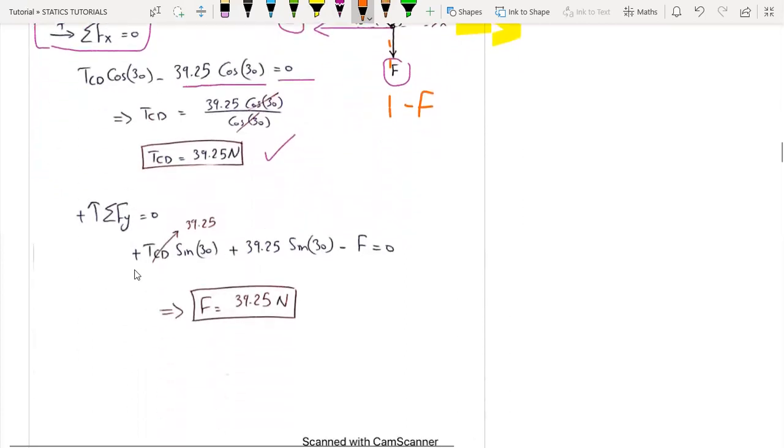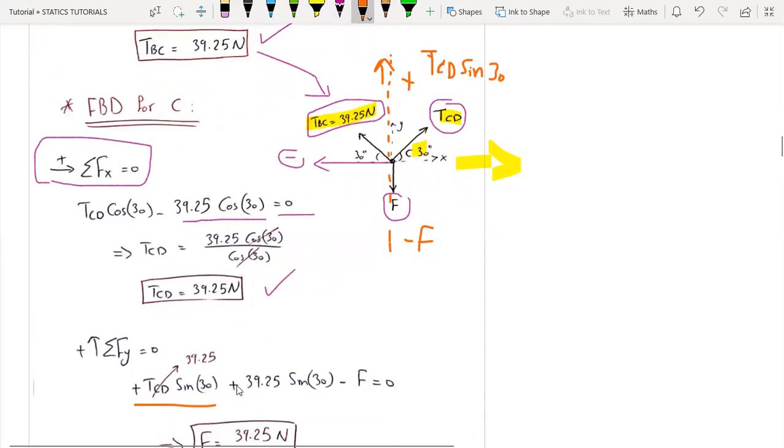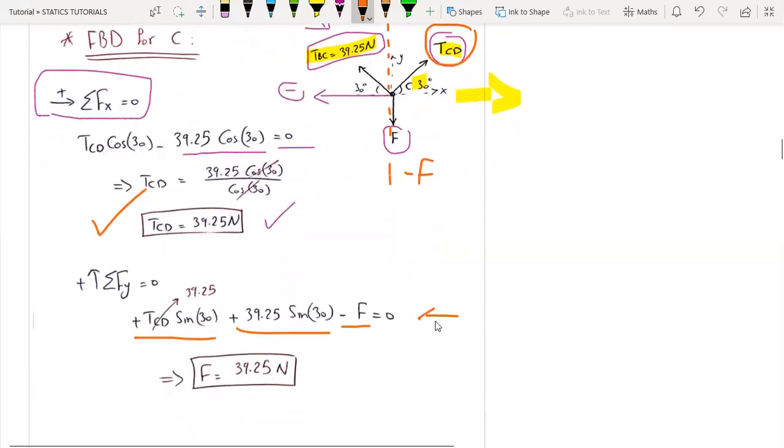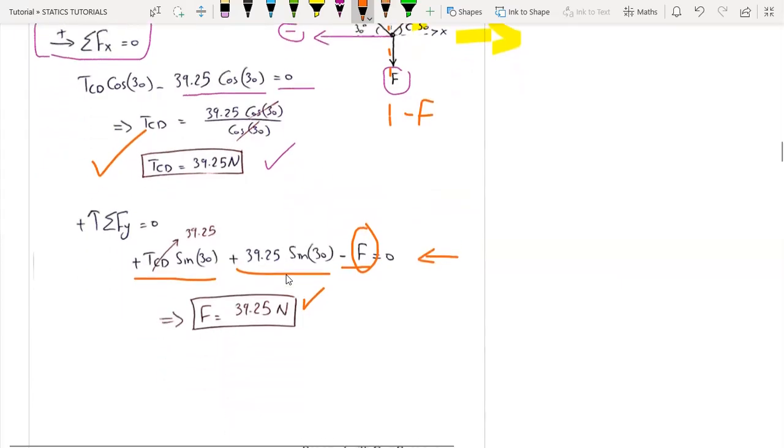So here plus TCD sine 30 plus 39.25 sine 30 minus F. Now the value of TCD we have already found from here. So we are left with one equation, one unknown. The unknown is the force F, and we can get it. It will be 13.25 newtons.